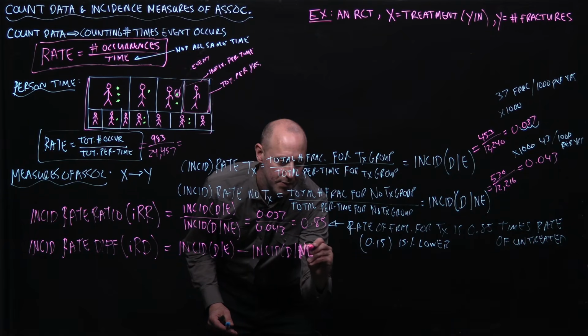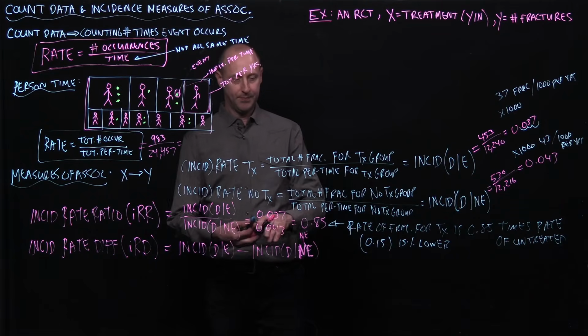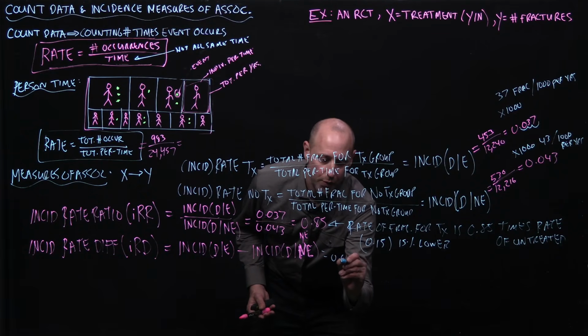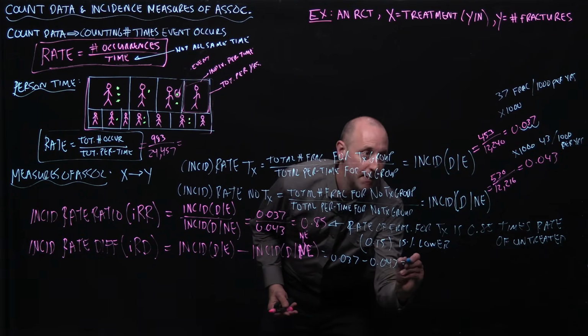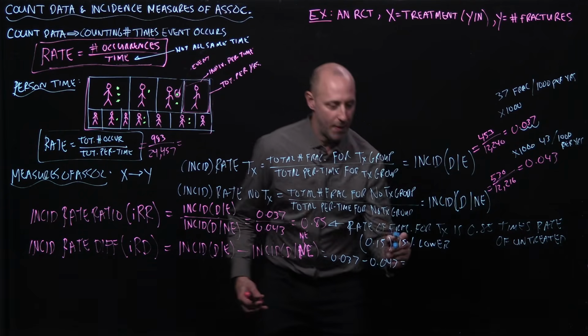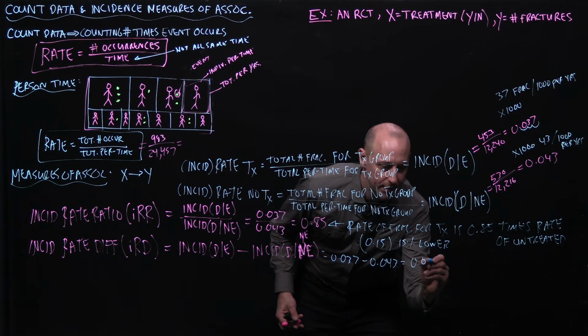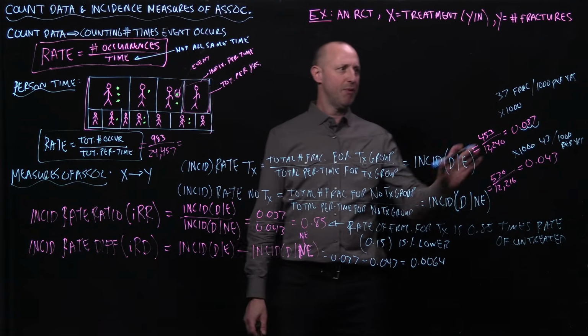Sorry, got a bit messy there. Okay, but that's NE, the not exposed group. And again, if we were to work this out, 0.037 minus 0.043, that's going to come out to negative 0.0064.